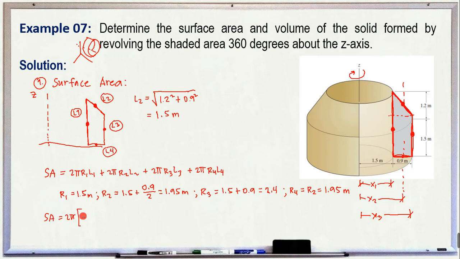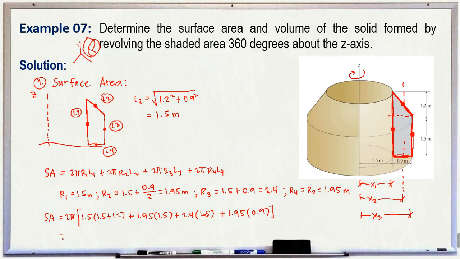We have R1 1.5, then the length of line 1 is 1.5 plus 1.2, plus R2 is 1.95 times the length of R2 is 1.5, plus R3 is 2.4, the length of R3 is 1.5, and then plus R4 we have 1.95, and the length of R4 is 0.9.